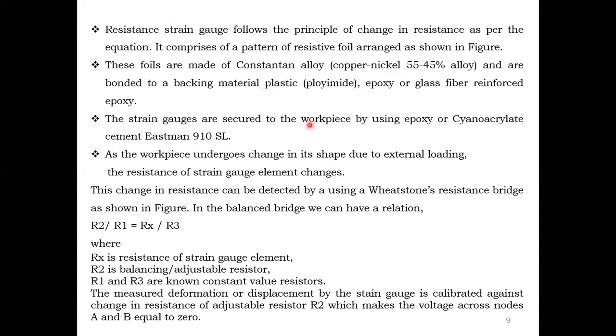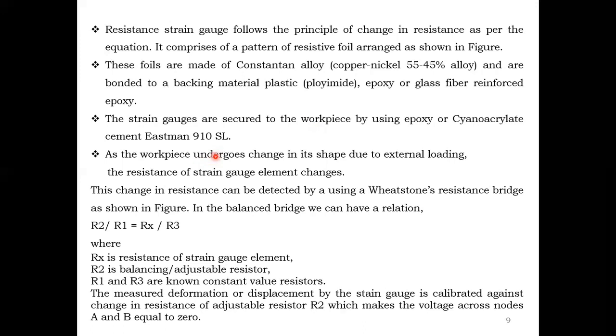These strain gauges are secured to the workpiece by using epoxy cement. The workpiece undergoes changes in its shape due to external loading, and the resistance of the strain gauge element changes.